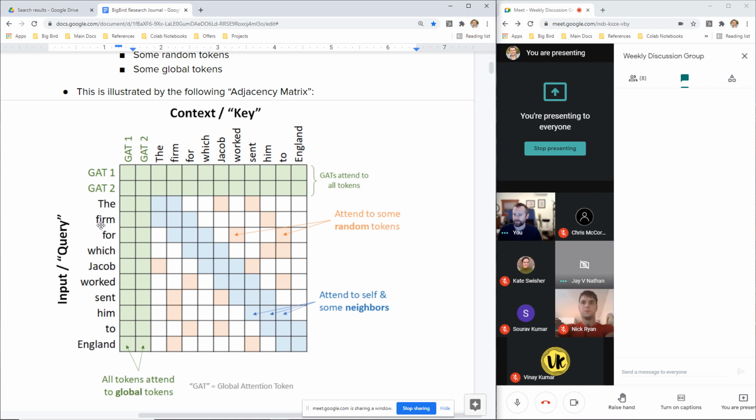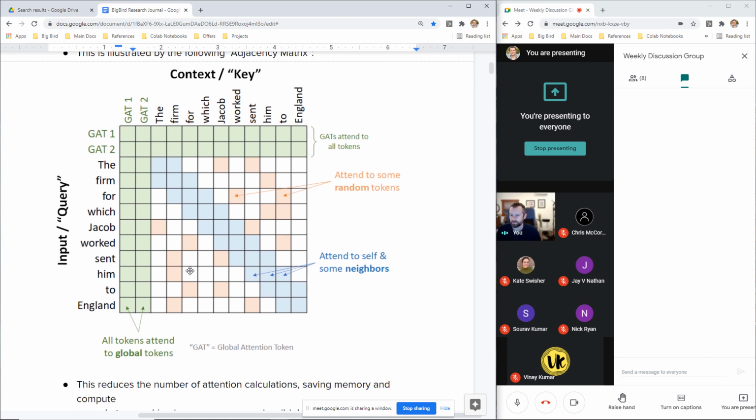So if you go from Jacob to something, that means Jacob is the input word and we're attending to that one. The salmon colored ones are the randomly selected tokens, the blue are the neighbors, and then these global attention tokens, every token in the sequence attends to those, and they also attend to themselves and to every token in the sequence. So they're fully connected, just like the original attention implementation.